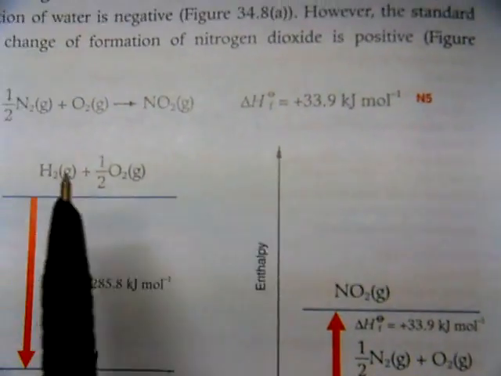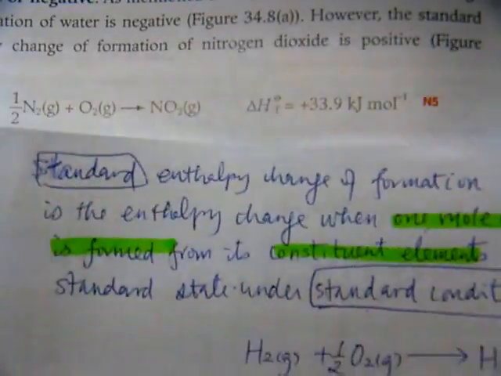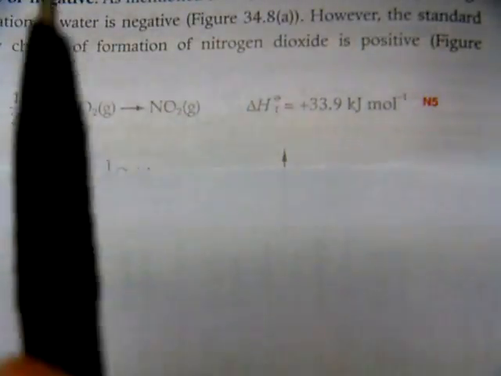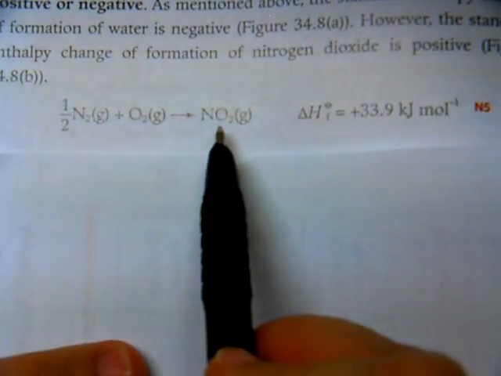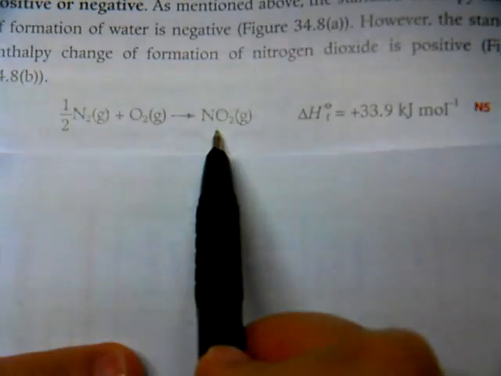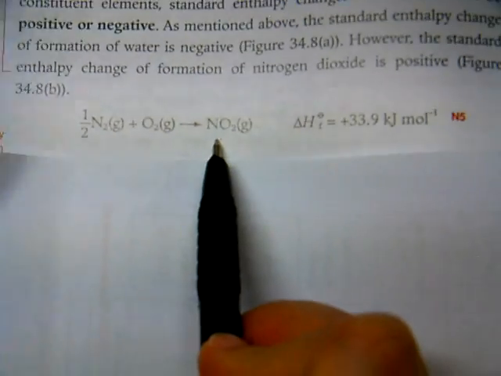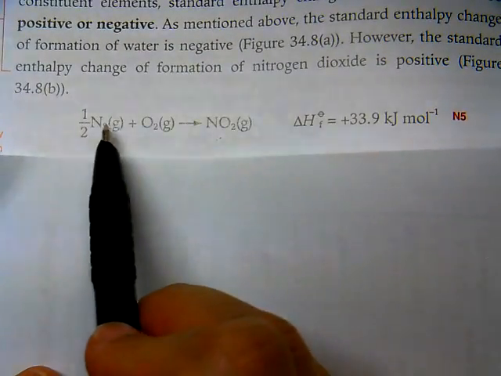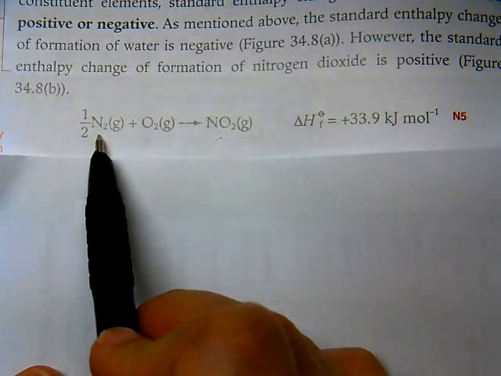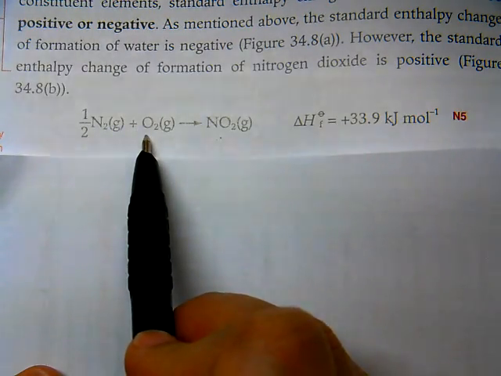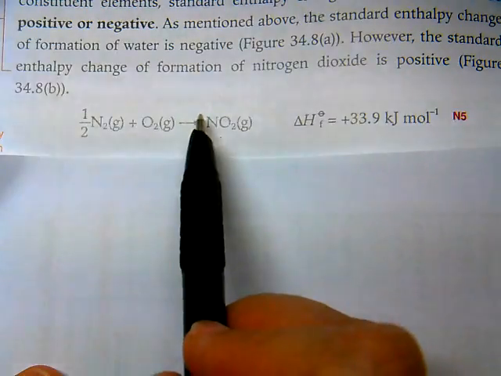Now let's look at the formation of NO2. Look at this equation, okay? Here, 1 mole of NO2 is formed from its constituent elements. Its elements are nitrogen and oxygen. How to write down the equation?